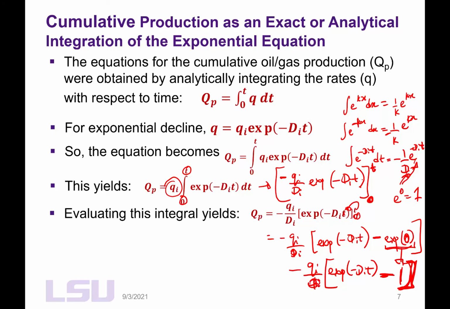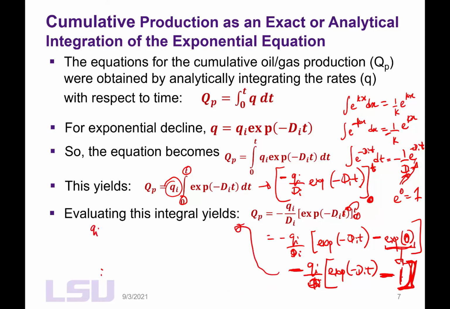This Di, we're going to just continue this way. First off, let's multiply through by minus. So take this minus in, so that this will become plus 1 minus that, right? So we can have Qi over Di. Since we're going to continue working on this, we can bring it up here.